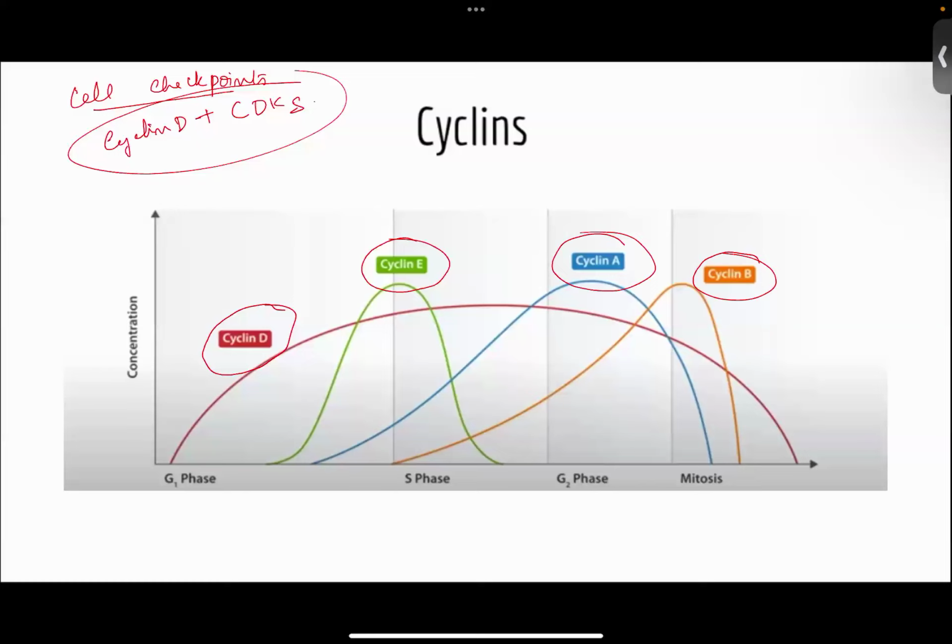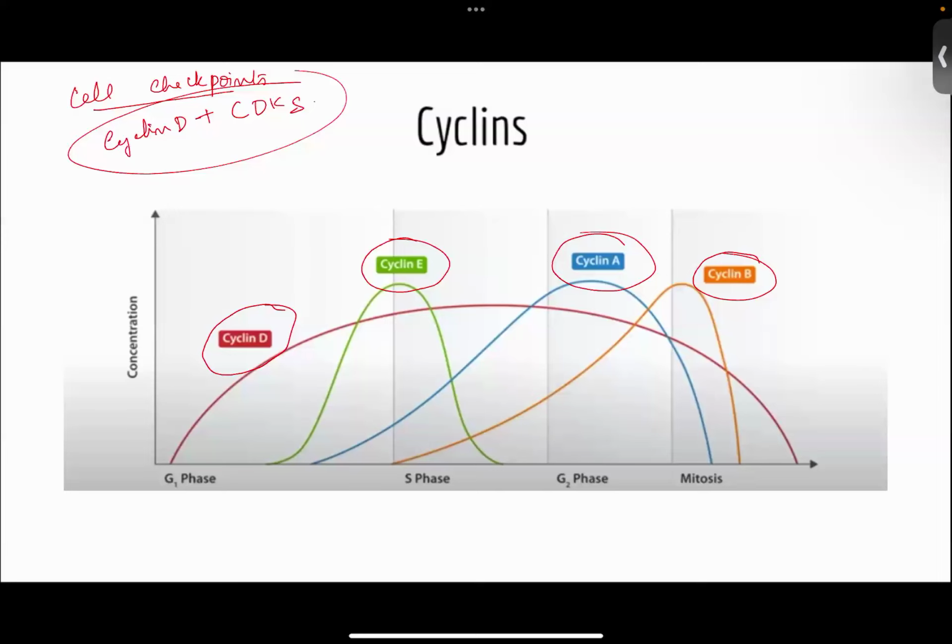The same way, the cyclin checks the quality, whether the cell can go further, undergo the cell cycle, and form into two cells or not. If there is a mutation, a disruption, or any kind of problem in the cells, they halt it.